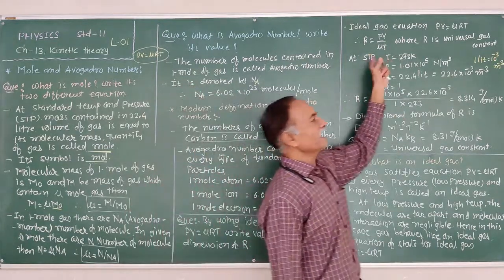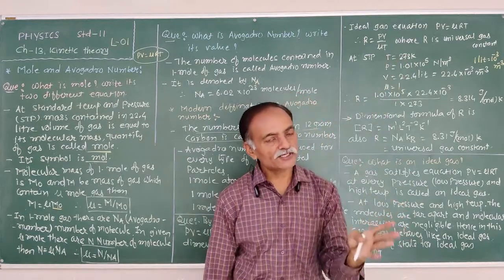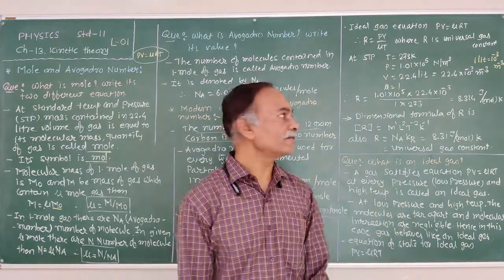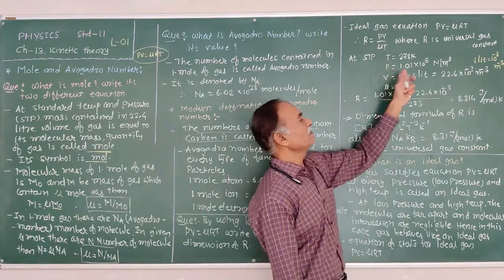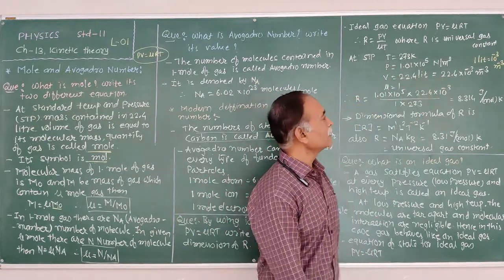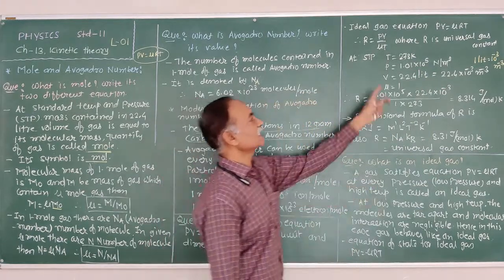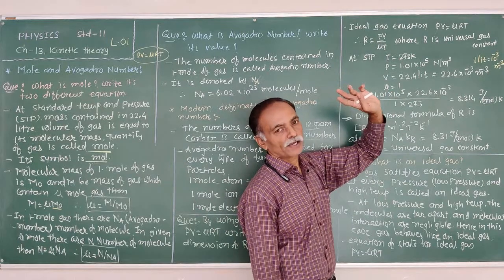Again in STP, temperature is 273 Kelvin, pressure is 1.01 × 10⁵ Newton per meter square, and volume is 22.4 liter, that means 22.4 × 10⁻³ meter cube. And mu, the quantity of gas, is 1 mole.